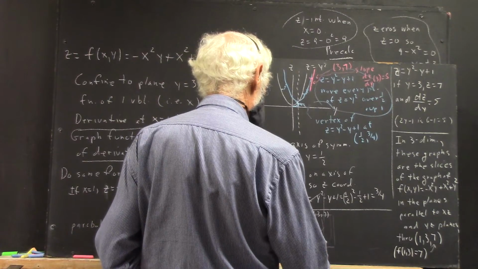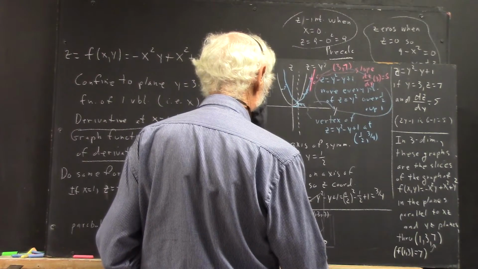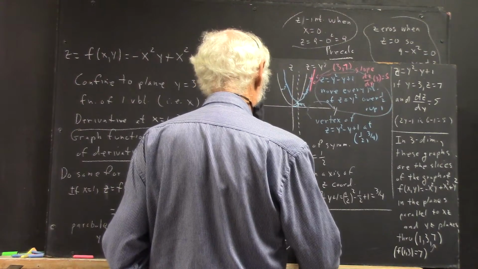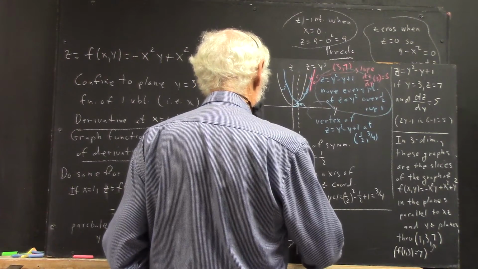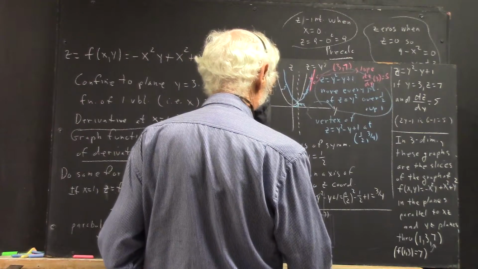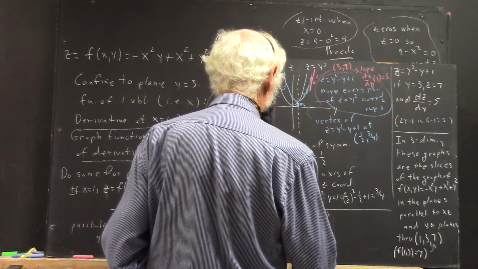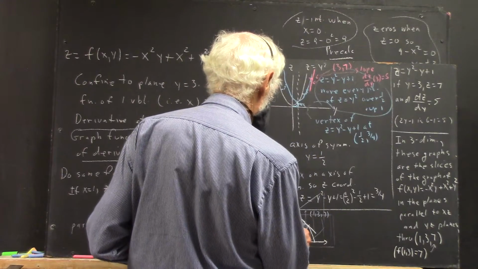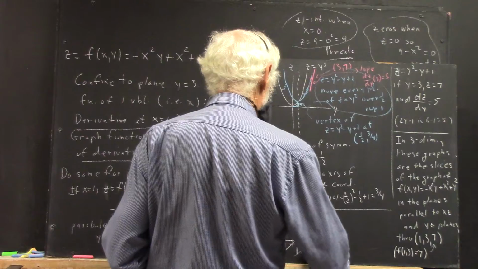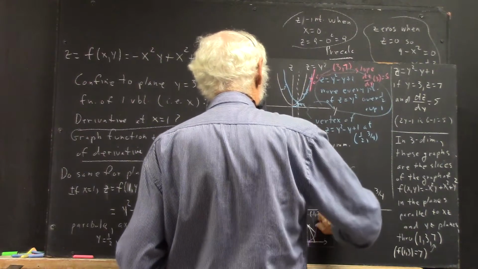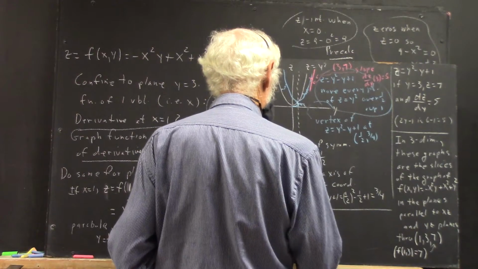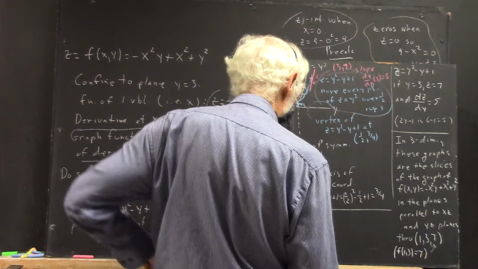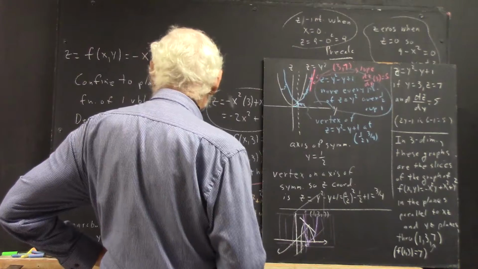So you've got a vertex here, and now you have this thing with its upward slope, comes up through this common point, point (1, 3, 7).